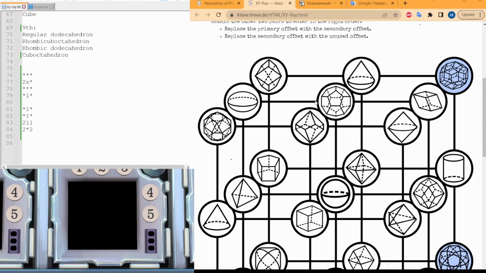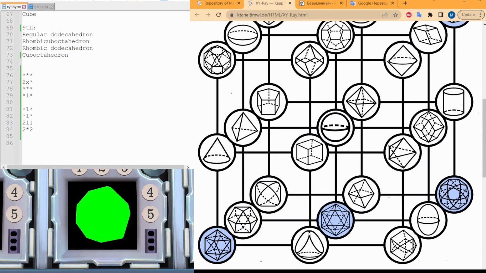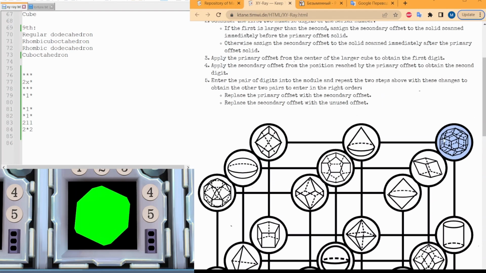So this means this one, or this one. And we can just look if it has triangles or rhombuses, because these two only consist of triangles and this only consists of rhombuses.